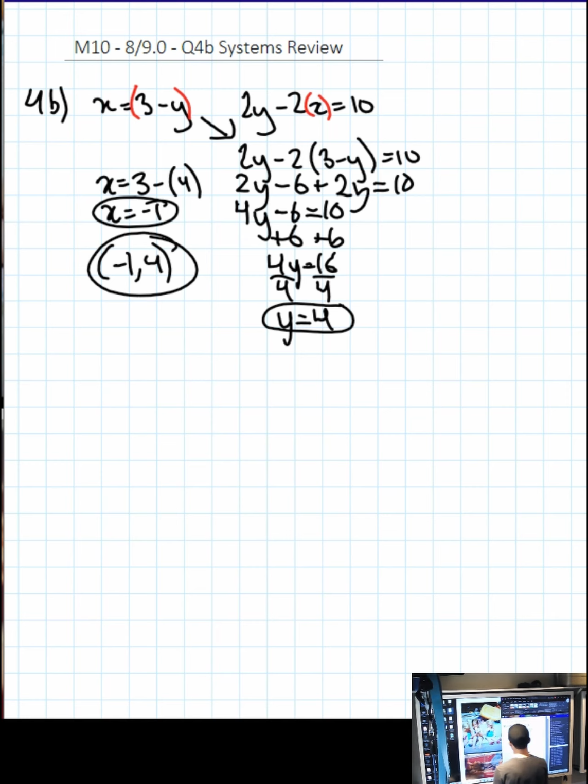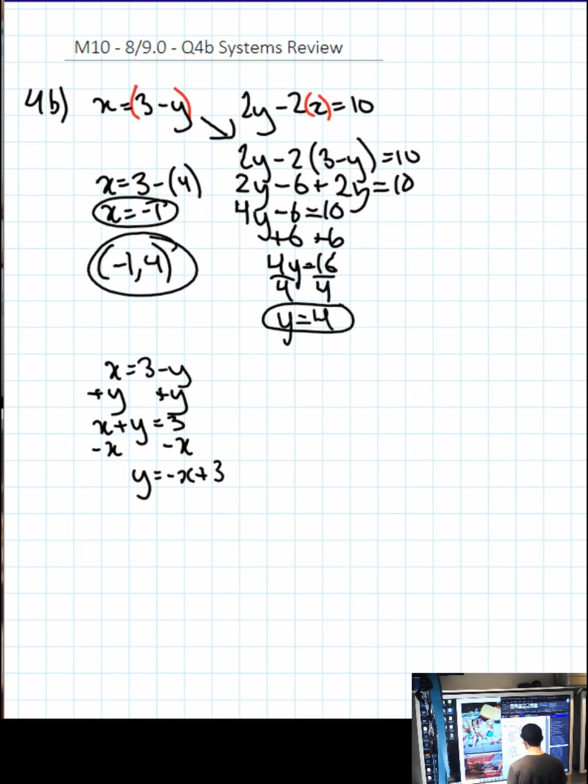So the equation on the left, x equals 3 minus y, we can simply add y to both sides. X plus y equals 3, and subtract x from both sides. And put it in y equals mx plus b form, negative x plus 3. We can then turn the other equation into y equals mx plus b form.